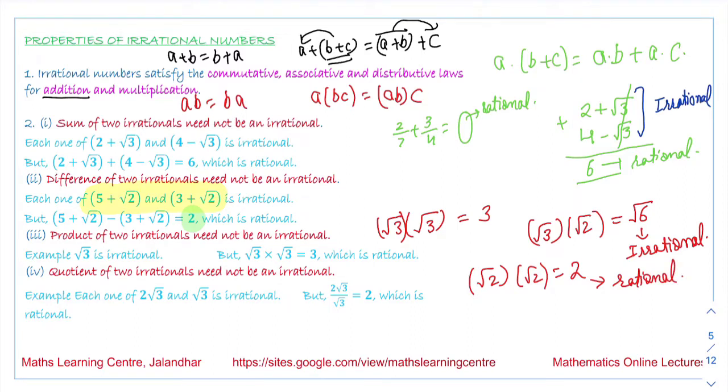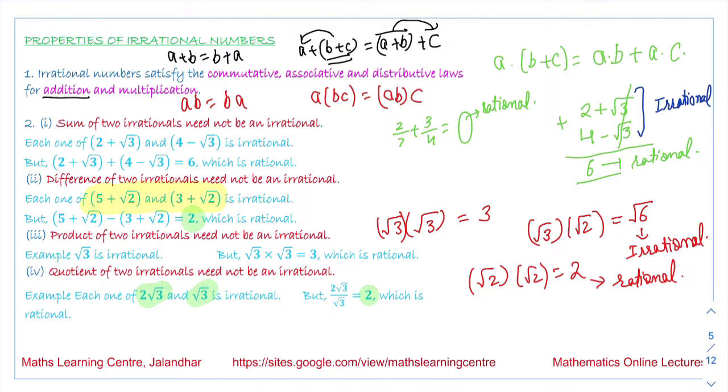So it is not always necessary that if we multiply two irrational numbers, the answer will be irrational. It may be rational, it may be irrational. Similar is the case with division. If we divide 2 root 3 by square root 3, the answer we get is 2, which is a rational number.